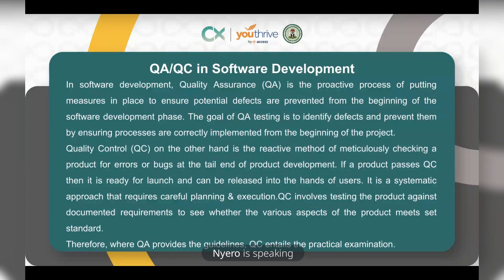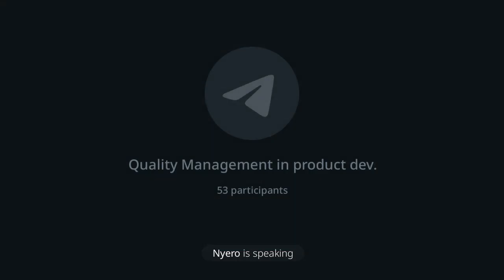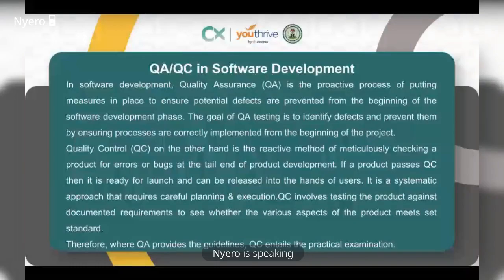Reactive means the thing has already happened and you're reacting to it. And so it's just you checking the product for errors or bugs at the tail end of product development. In real life software development scenarios, QC will look like this: when your developer has code, they will release the product, that is the app, to a test environment.